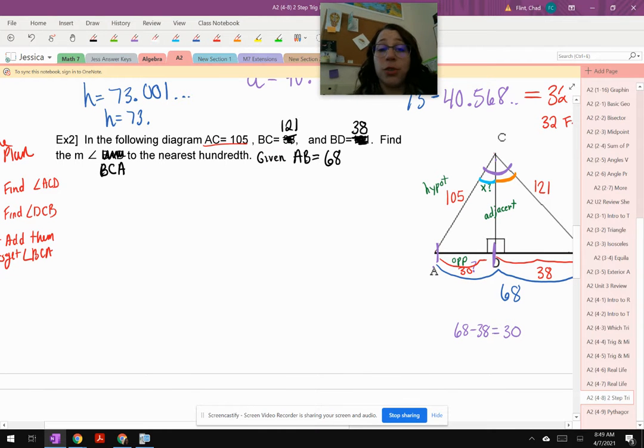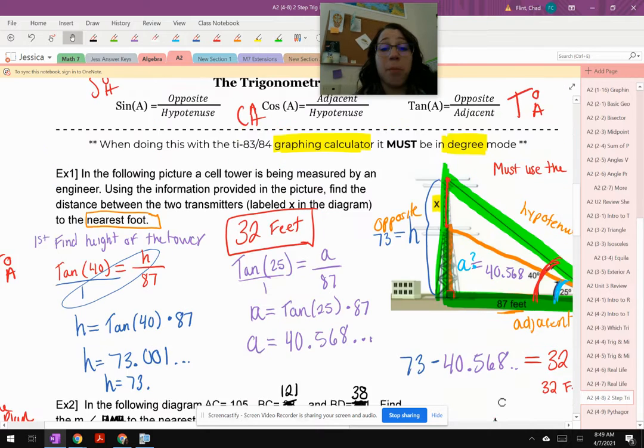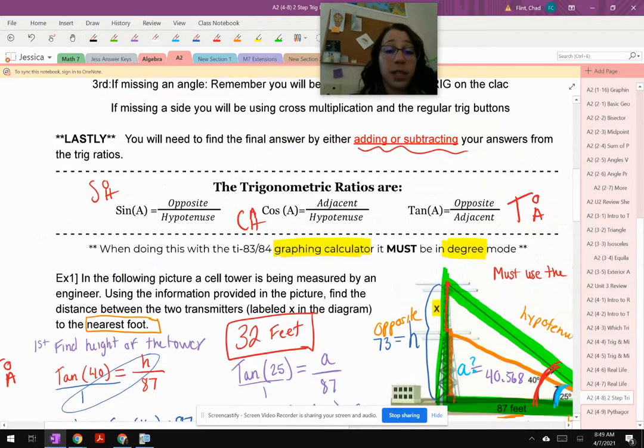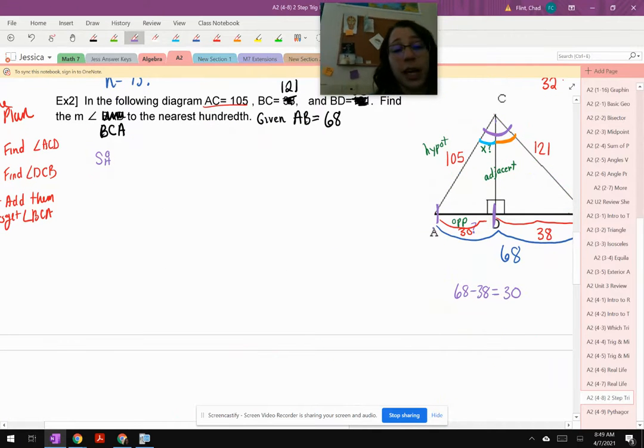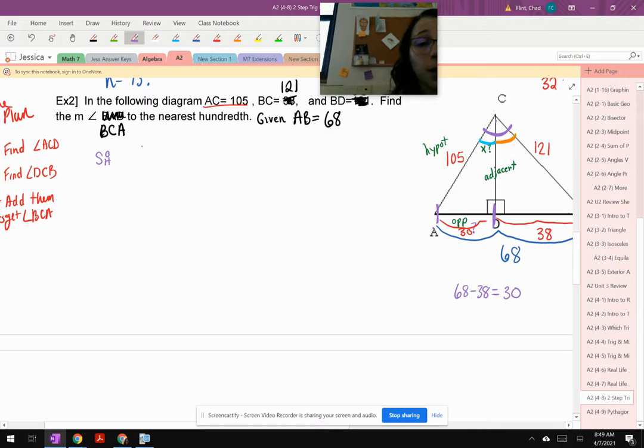So which trig ratio uses hypotenuse and opposite? Hypotenuse and opposite is sine. So I'm using SOHCAHTOA. So sine, opposite over hypotenuse. So the sine of, and actually I don't want to be using purple. I want to be using light blue. So it matches.